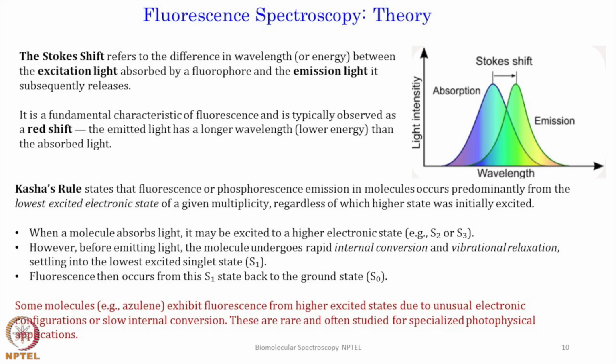However, before emitting light, it does internal conversion through different vibrational states, comes to S1, and from there it comes to S0. Some molecules exhibit fluorescence from a higher excited state due to their unusual electronic structure or slow internal conversion. They are rare and often used for photophysical applications. So, that is one of the applications of this.